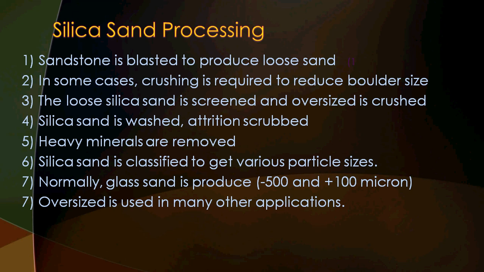Mostly in glass making people want a silica sand which ranges from 100 micron to 500 micron. So, the silica sand passes through the 500 micron sieve and then through the 100 micron sieve, and the silica sand which stays between 500 and 100 micron is the required sand for glass making, because all the impurities go into silica sand which is finer than 100 micron.